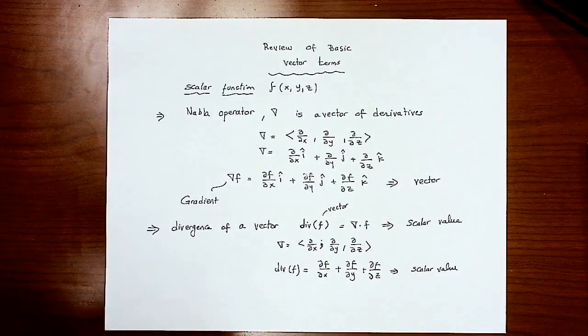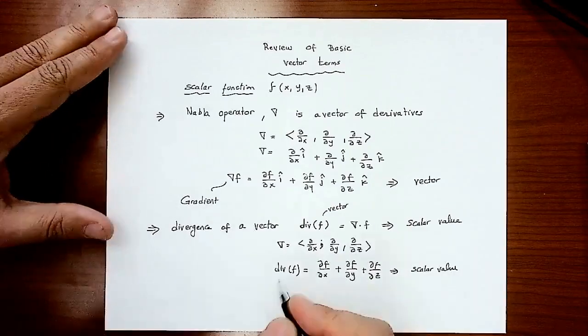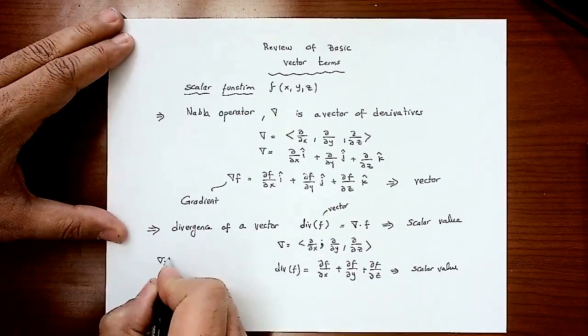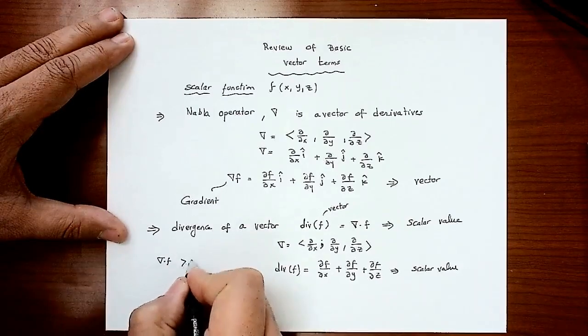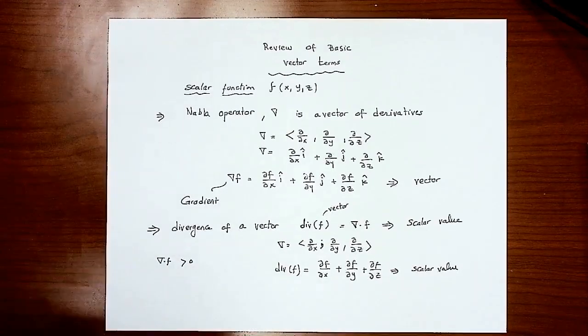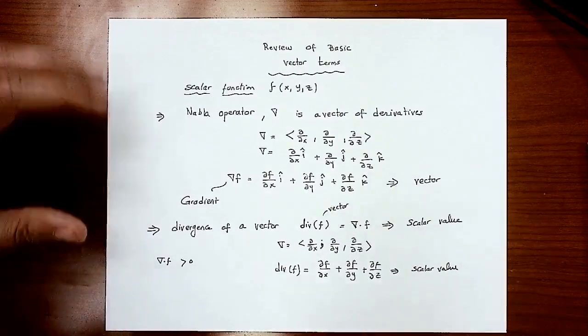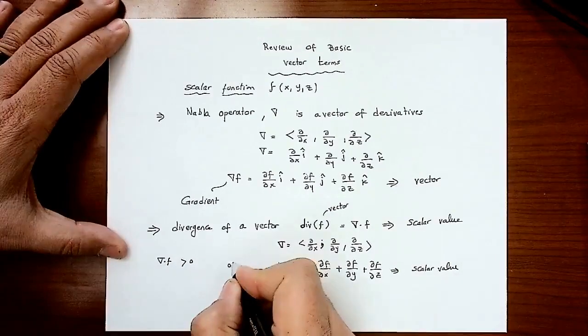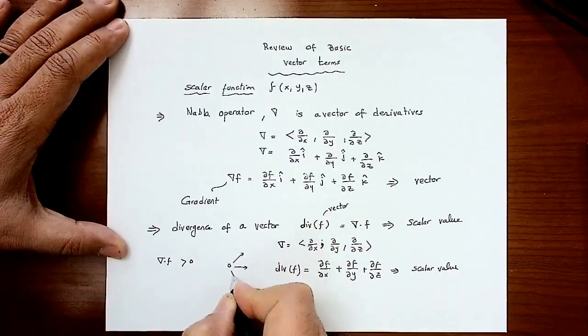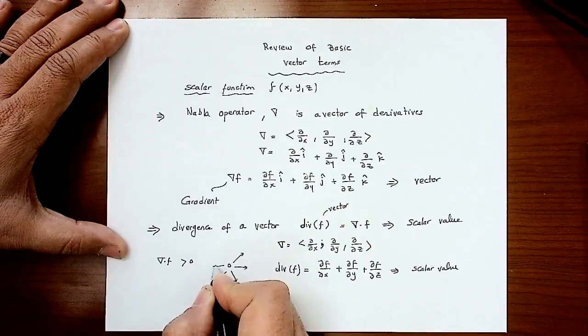Divergence is really very good to give you some sensation about the fluid flow. If the divergence of a vector f is positive, it's telling us that the fluid is diverging out, which means that you have a source and the fluid is going away from that source.